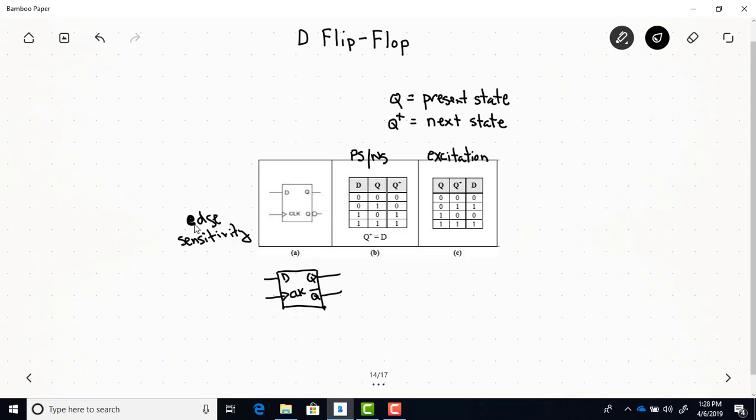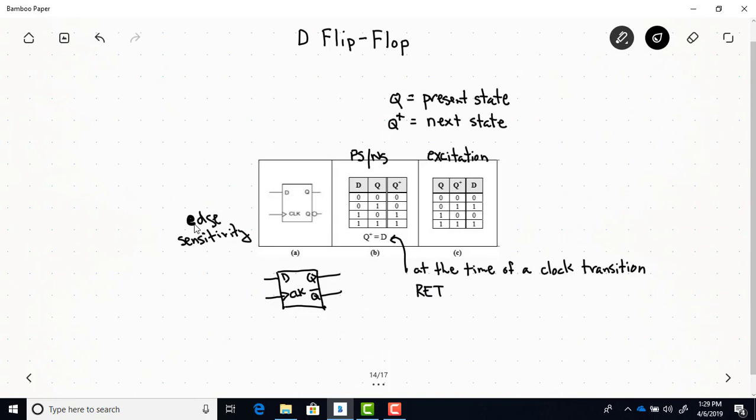Now, what makes the D flip-flop edge sensitive is that this equality here, the next state of Q equaling input D, happens at the time of a clock transition. Okay, and there's two types of D flip-flops.